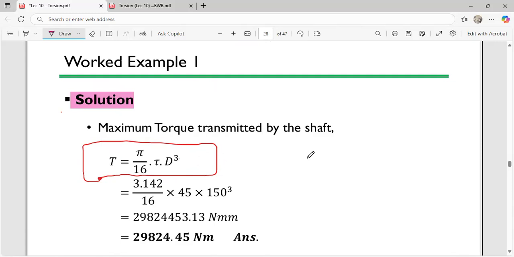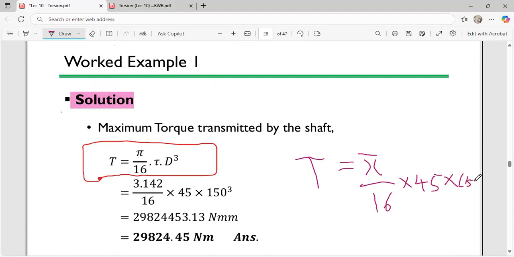That was the first formula we underlined. The maximum shear stress was 45, times your diameter, which was 150.